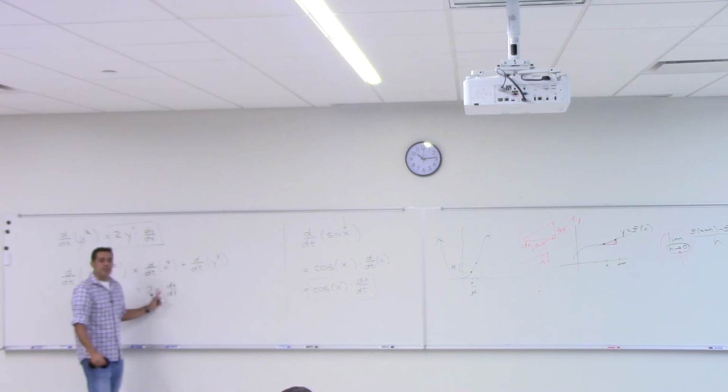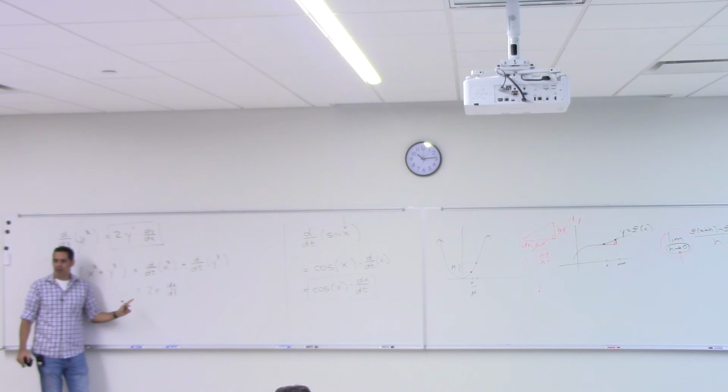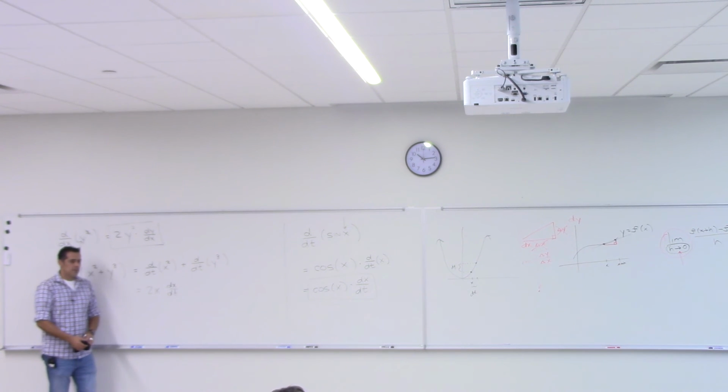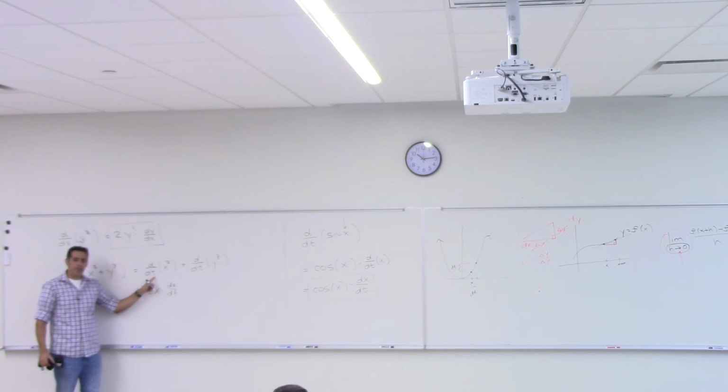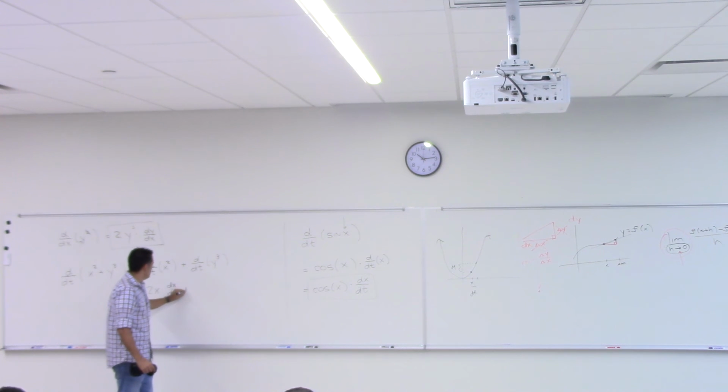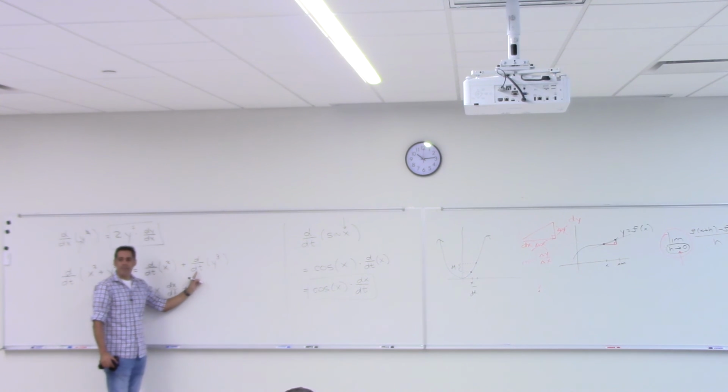Does everybody see that? Do I need to show or talk about this in more depth? Because this variable and this variable are not the same, you have to do chain rule. Derivative of something squared, 2 times that something, times the derivative of what's inside with respect to t, dx dt. Not 1.